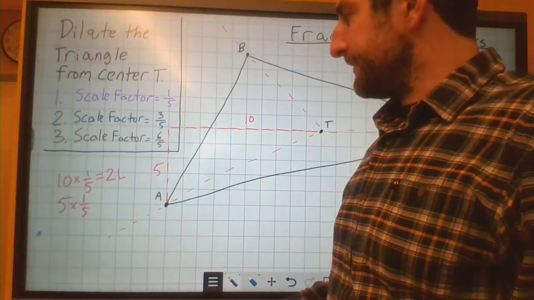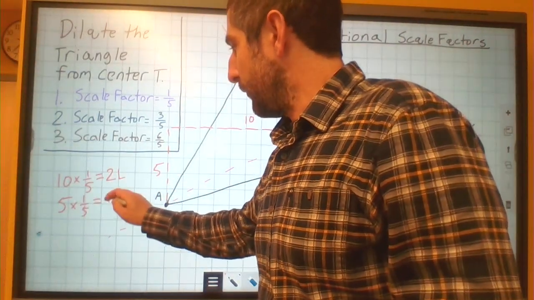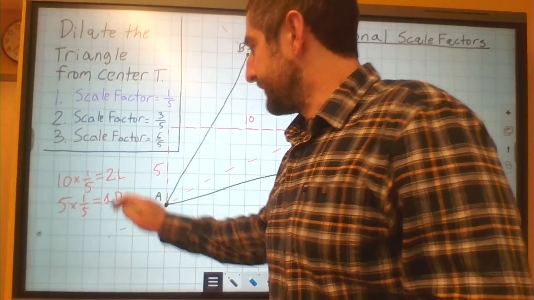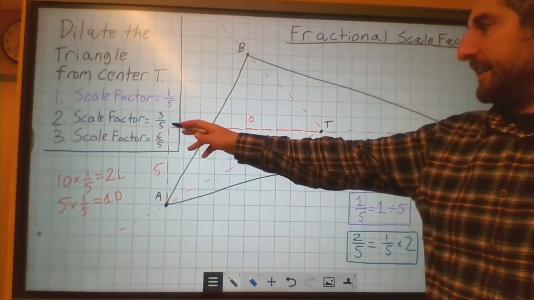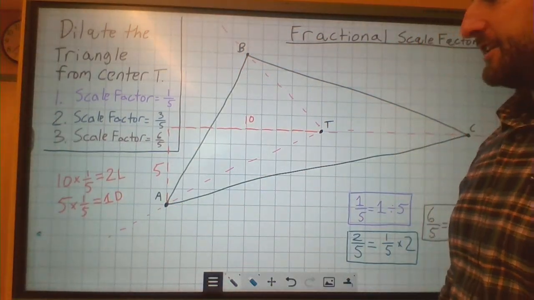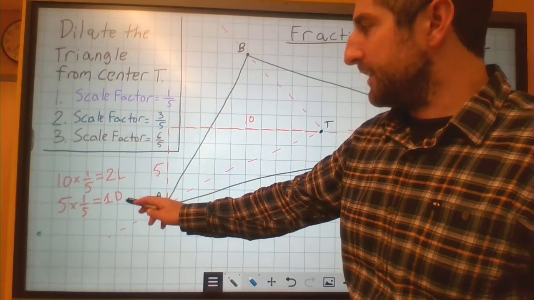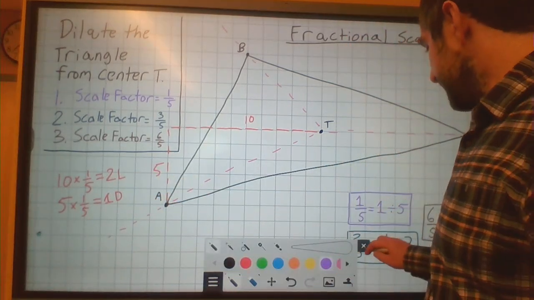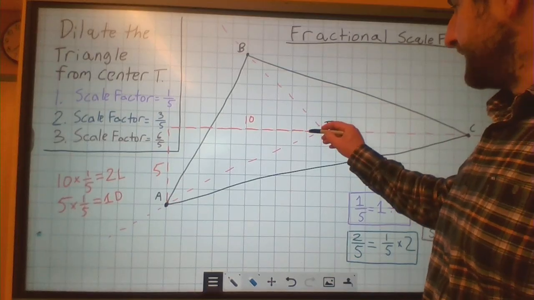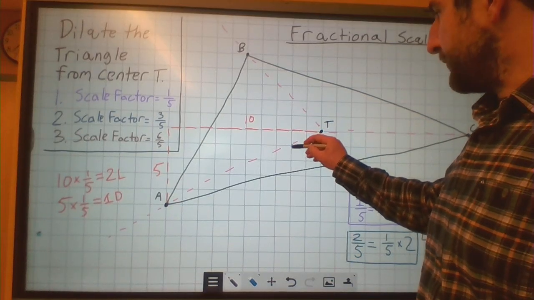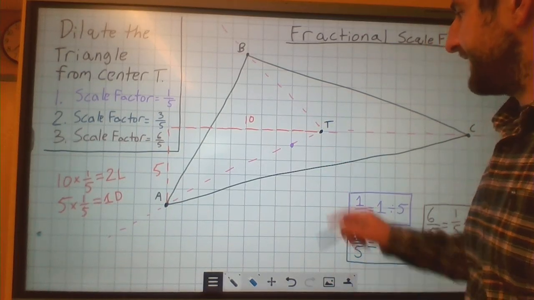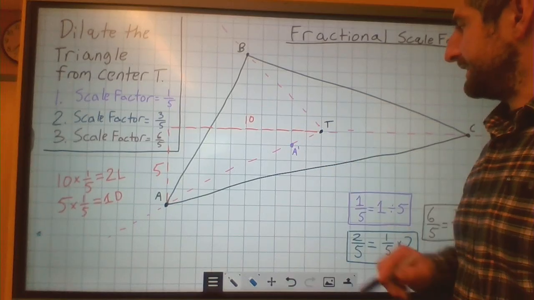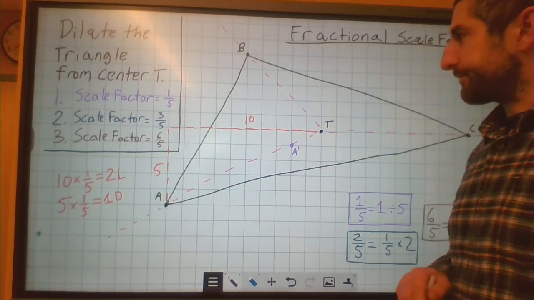Divided by 5 gets us 1. So our massive 10 to the left and 5 down turns into a measly 2 to the left and 1 down for our copy. So I'll put on the purple, 1, 2 to the left, and 1 down. And there's our little bitty A prime.